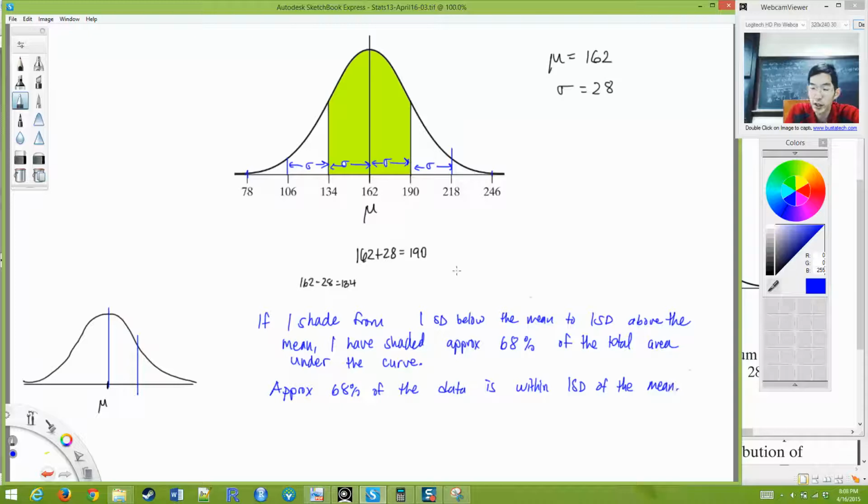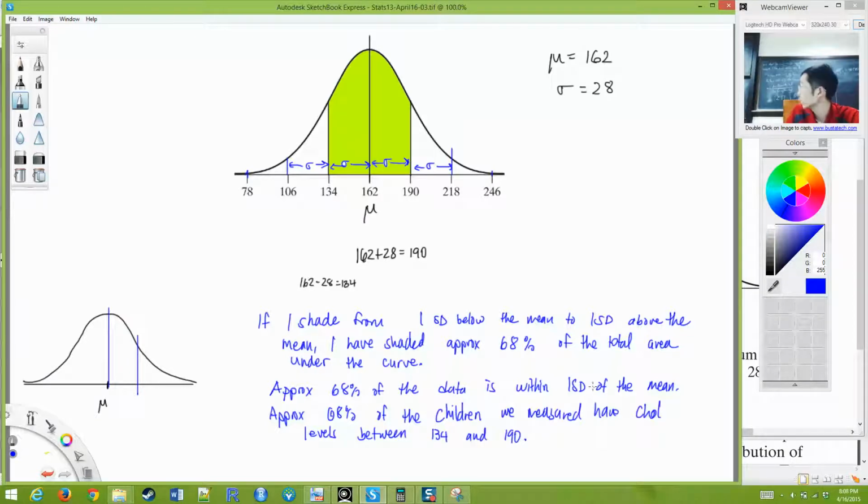And so in relation to the serum cholesterol levels, the cholesterol data, we're going to say approximately 68% of the children we measured have cholesterol levels between 134 and 190. Okay. Are all of these statements okay?